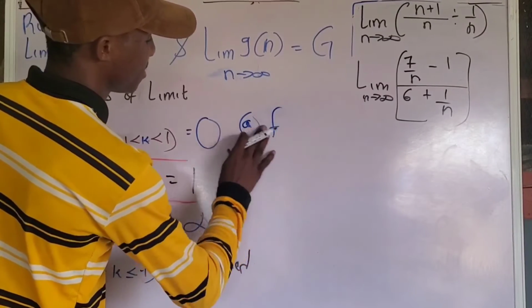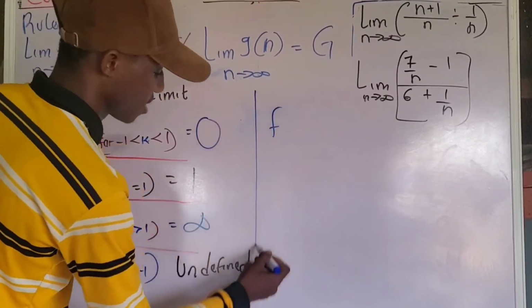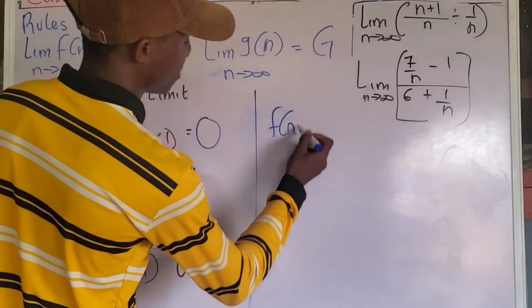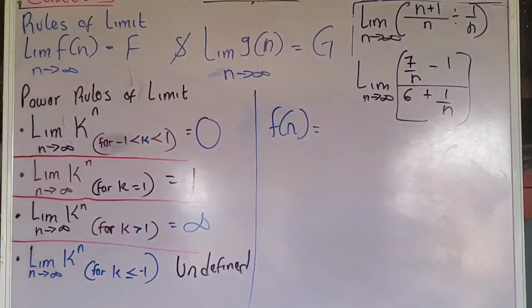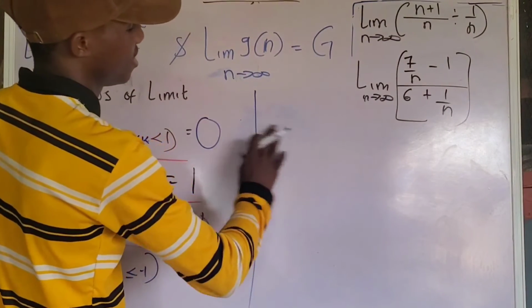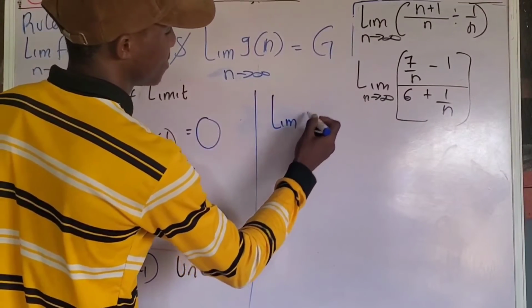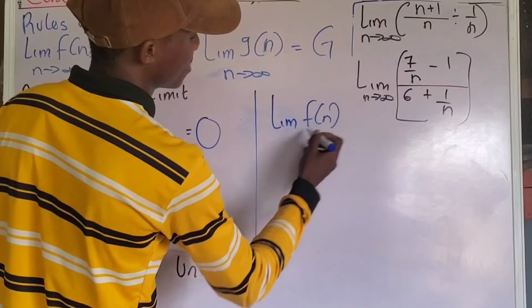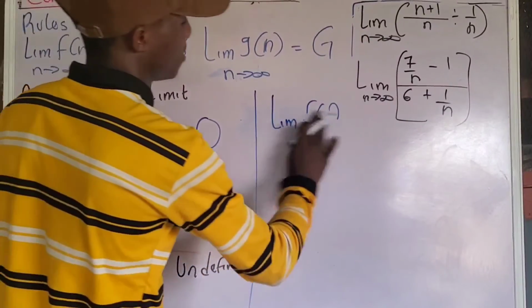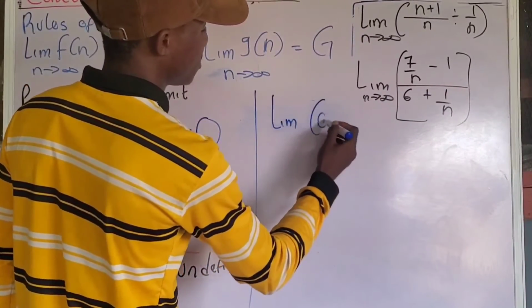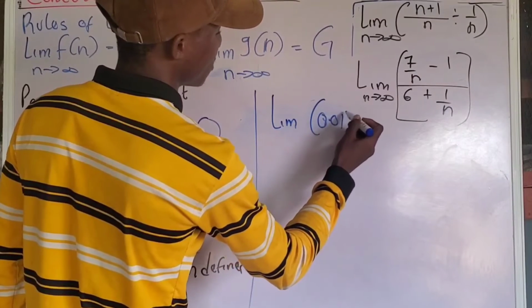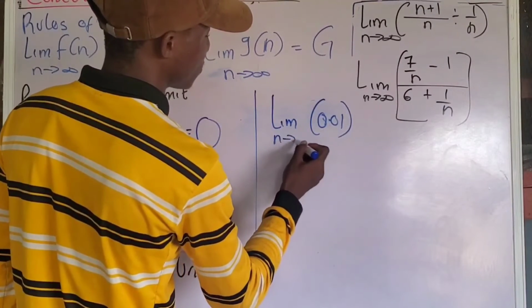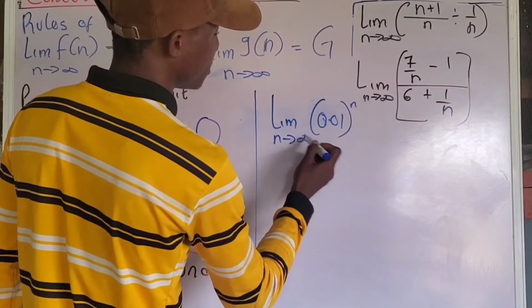Let's say f of n is equal to, I mean, the limit of 0.01 to the power of n as n tends to infinity.